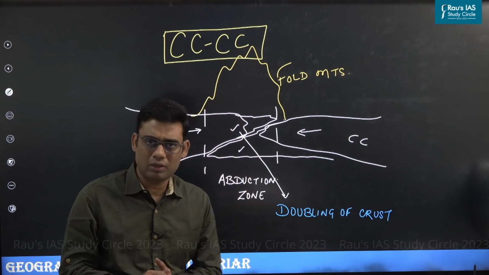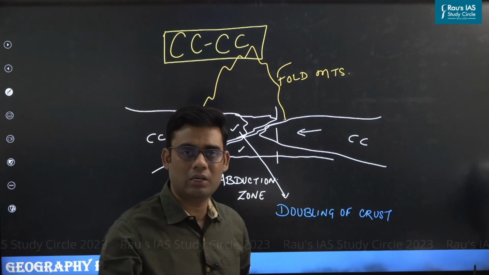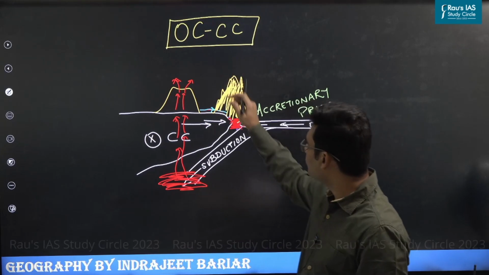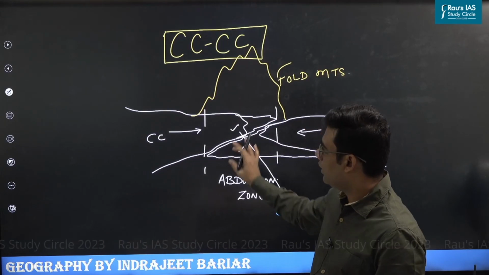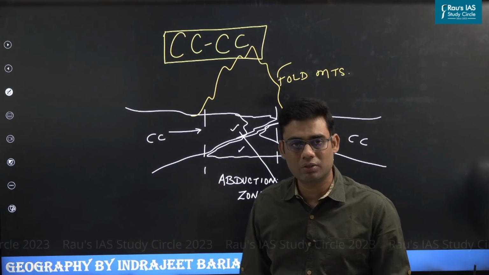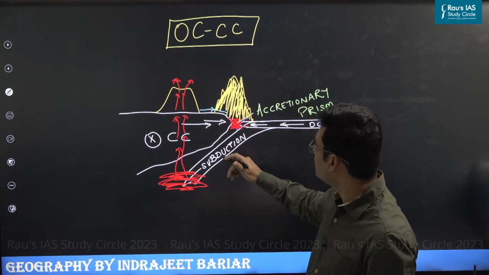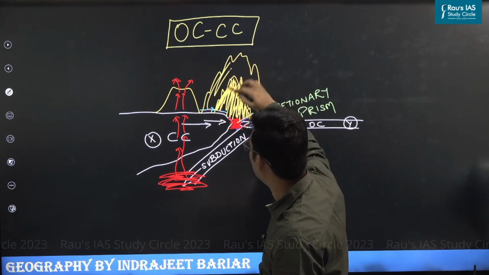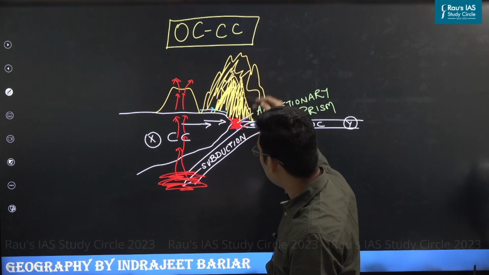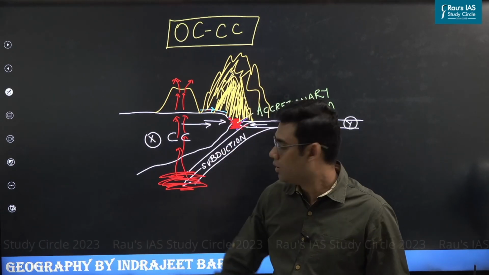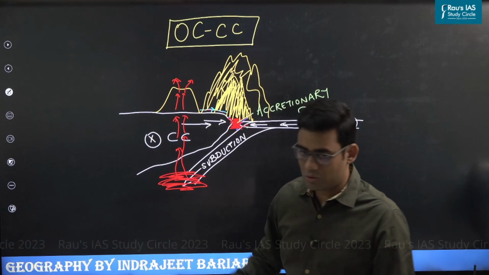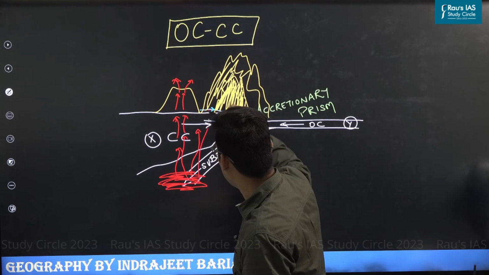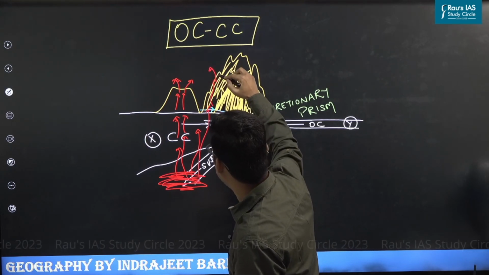But there is one basic difference that I can easily see between the fold mountains formed due to OCCC convergence and those formed due to CCCC convergence. In OCCC convergence, the whole thing has resulted in the formation of huge fold mountains, and along with that subduction is also taking place. So these fold mountains may experience volcanism.